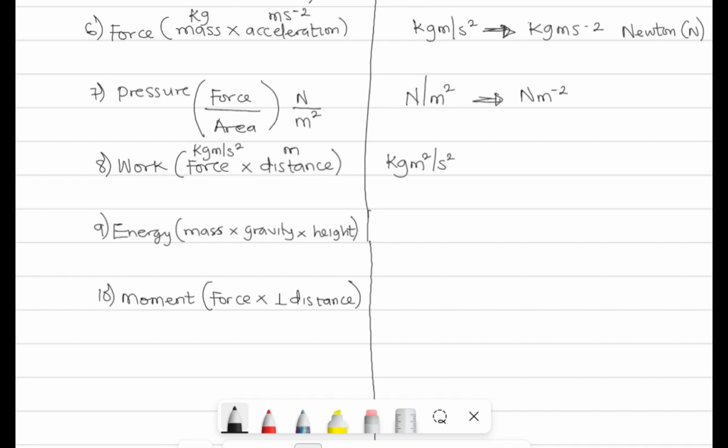That's if you want to use that. Again, we know that force is Newton and distance is meter, which will also give us Newton meter. But we have an SI unit for work, which is joules. So you can take note of that. Joules, J. Anytime we look at work, we use joules.